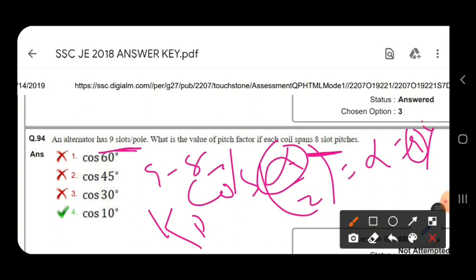And y is the angular distance covered by each slot, this is 180 upon 9, that equals 20. So simply cos alpha upon 2 equals 20 into 1 upon 2, that means cos 10.